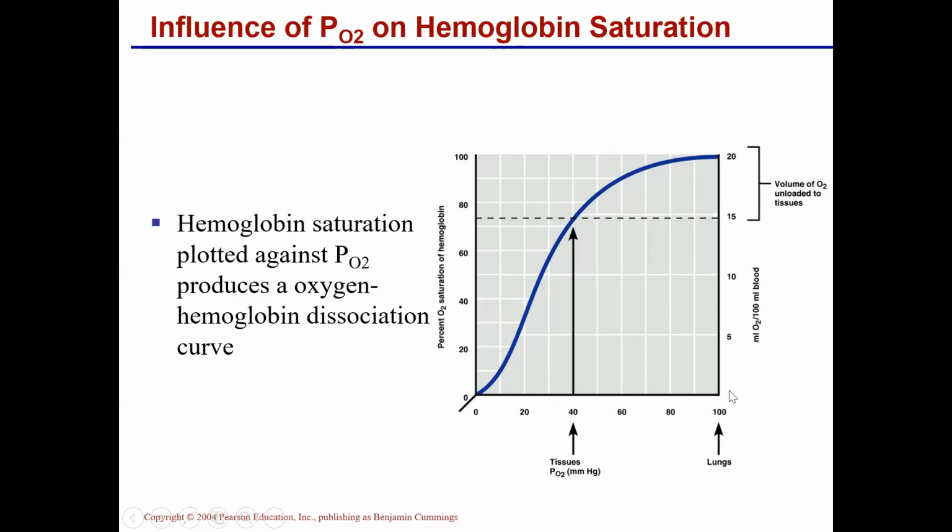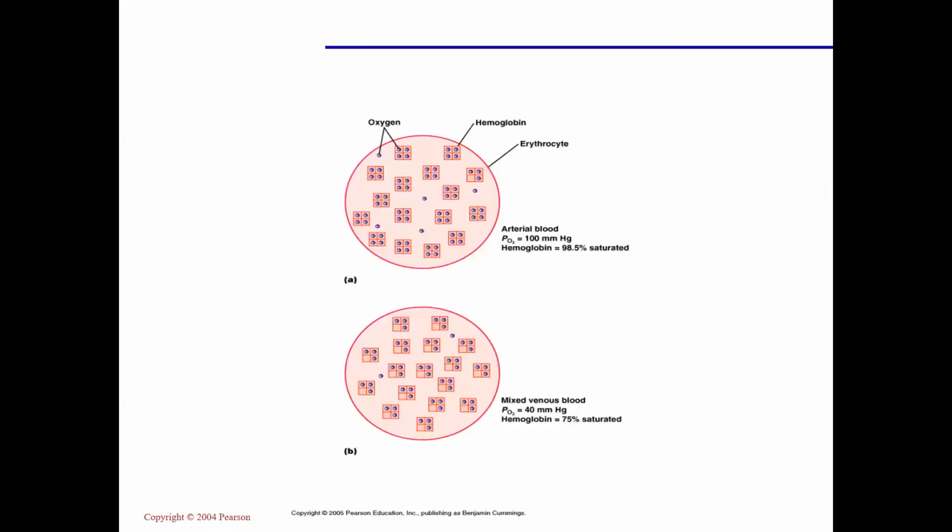Did you get what I'm saying? So this curve is called the hemoglobin saturation curve. And the hemoglobin binds to the oxygen on the heme group. Each hemoglobin molecule has four sites to bind to the oxygen.